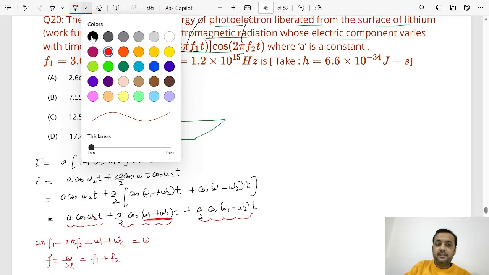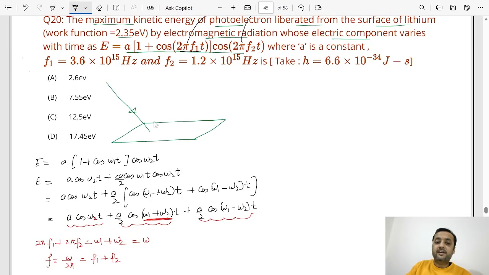That means you can say there are three different types of photons coming. One has the highest energy, and the others have the other two energies, corresponding to their frequencies. Of course, the electrons released with the maximum kinetic energy will be released by the photon with frequency f1 plus f2.